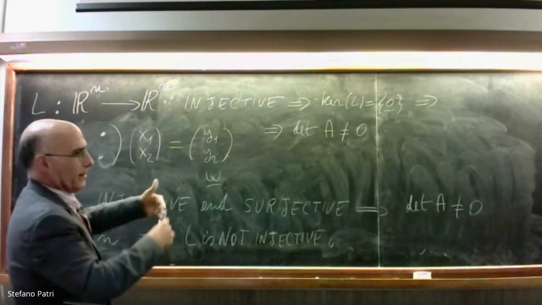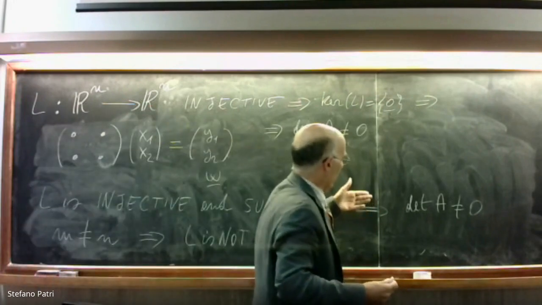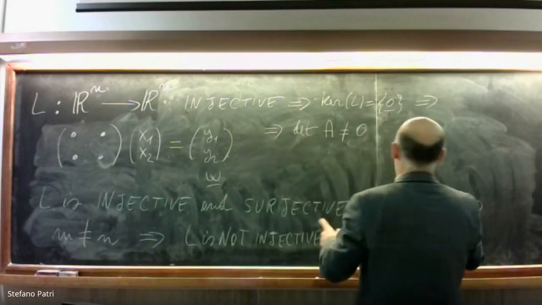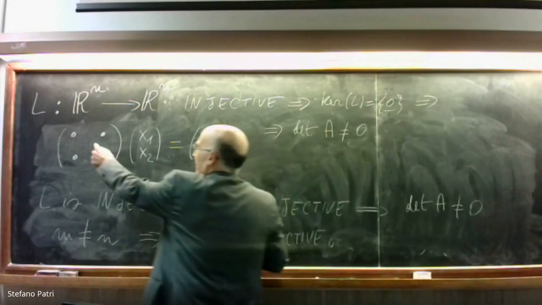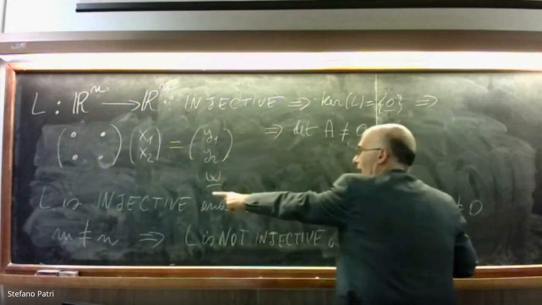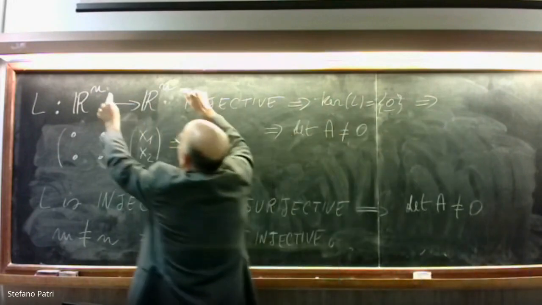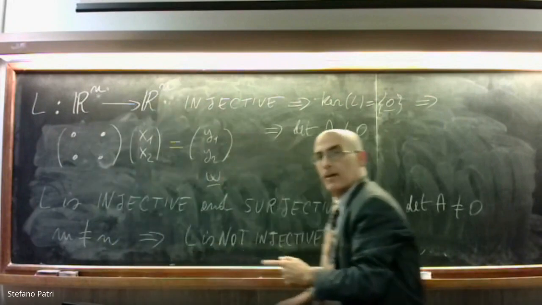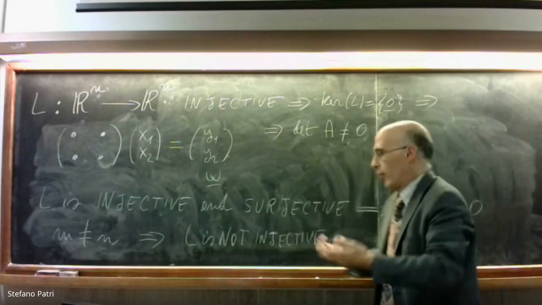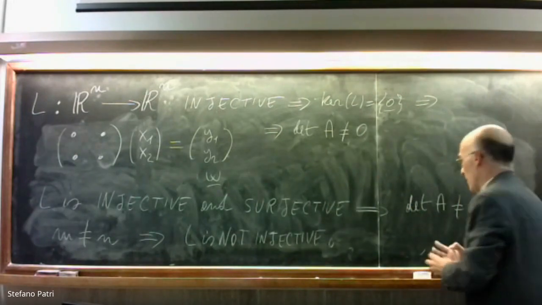If L is simultaneously injective and surjective, the matrix is a square matrix, because the spaces have the same dimension, and the determinant is defined and not equal to 0.